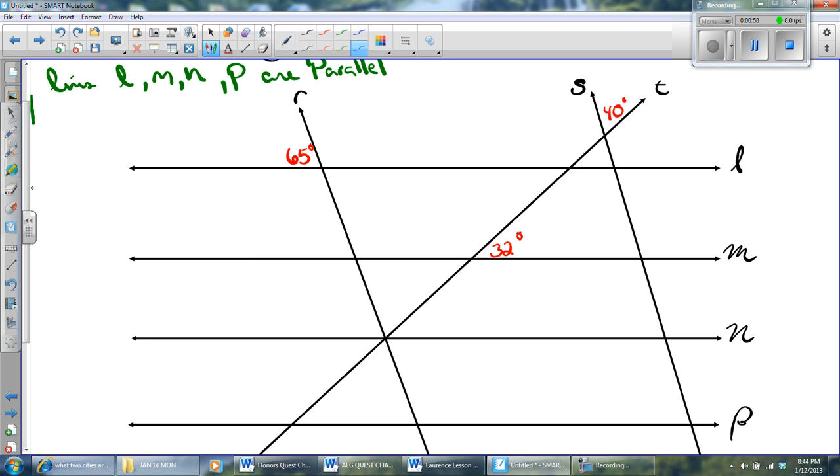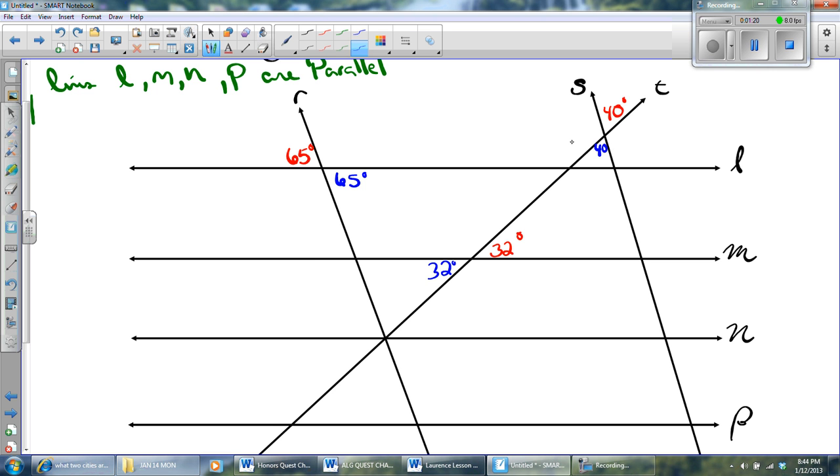Okay, so first of all, I know a lot of you like to do vertical angles. Let's do some vertical angles. Vertical angles make the X, right? Well, this is 65, so that's got to be 65 degrees, right? This one's 32, so this has to be 32. This one's 40. That means this little one in there is 40.